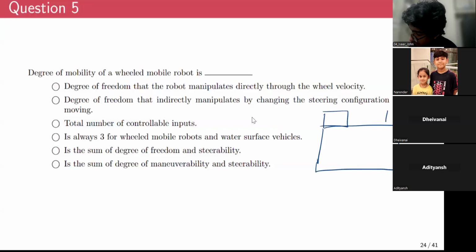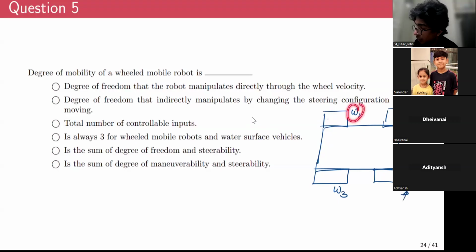As per the basic definition, degree of mobility is the degree of freedom, or the control input, that you give directly to a wheel to manipulate its velocity. For example, if you have a robot with 4 conventional wheels, and you are giving individual input to each of these wheels, I'll call them omega 1, omega 2, omega 3, and omega 4.